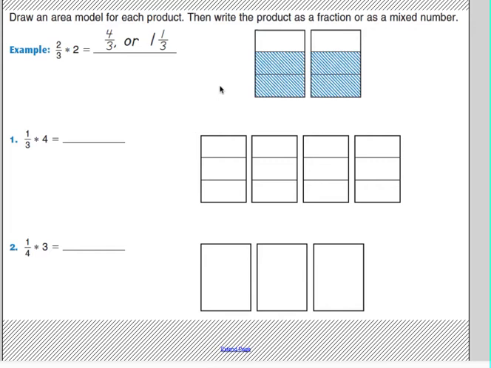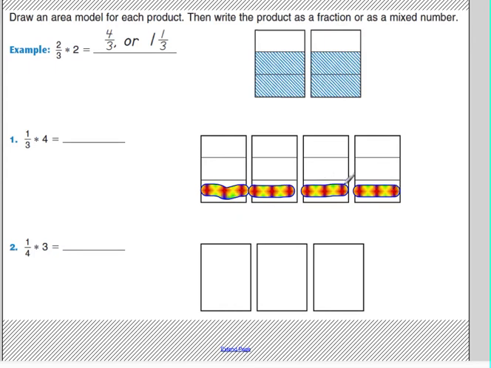So if your fraction is 1/3 and you need to times that 4 times, it's like adding 1/3, 1/3, 1/3, 1/3.